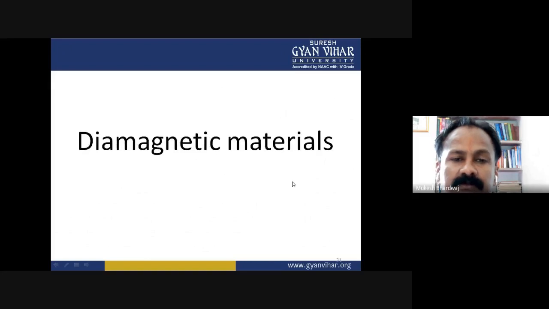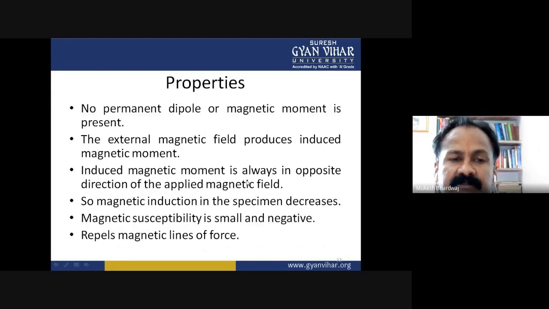Now, the conclusion regarding the magnetic materials. Diamagnetic materials, again I am just reviewing the properties. No permanent dipole of magnetic material is present. The external magnetic field produces an induced magnetic moment. Induced magnetic moment is always in the opposite direction of the applied magnetic field.